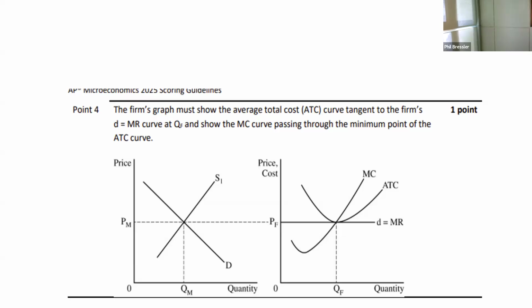Mr. Brussel, when you're shifting, which curve do you shift for C? Now, read it carefully. It says short run effects. I purposely picked this one, and let's go over it, but there's careful reading in it.